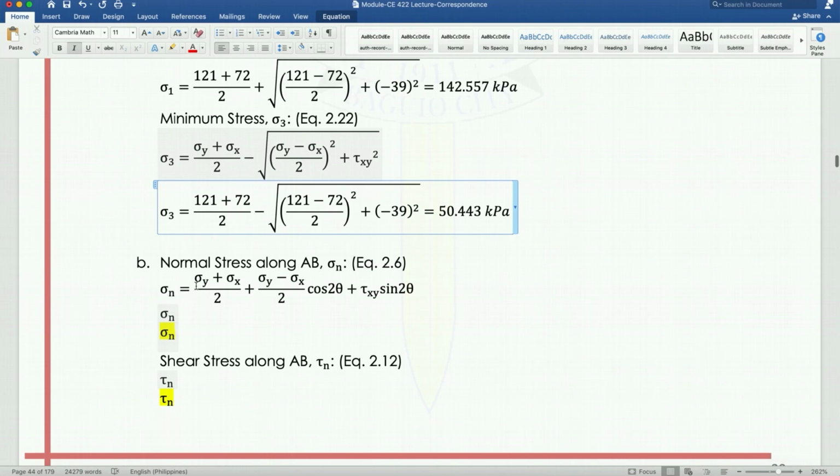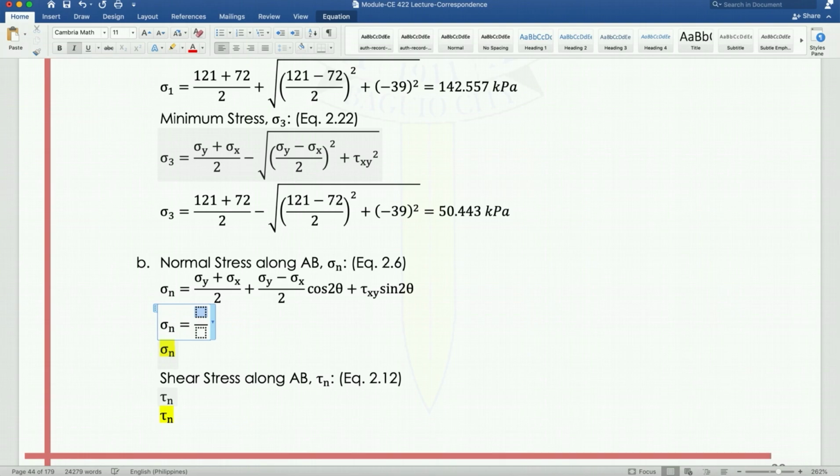We can now proceed with our normal stress. And for the normal stress, this is our working equation. So, substitute na. We have 121 minus 72 divided by 2, plus, no, it's not minus, it is plus. Okay, same pero different equation. So, minus na dito.